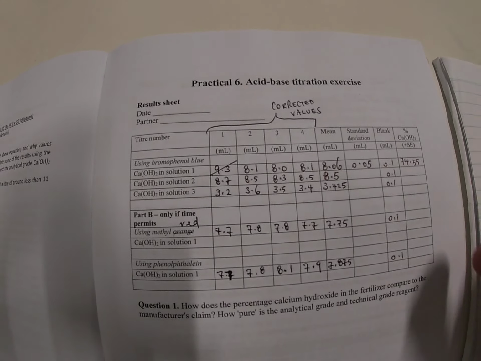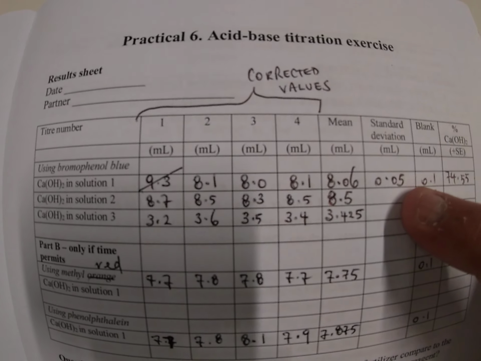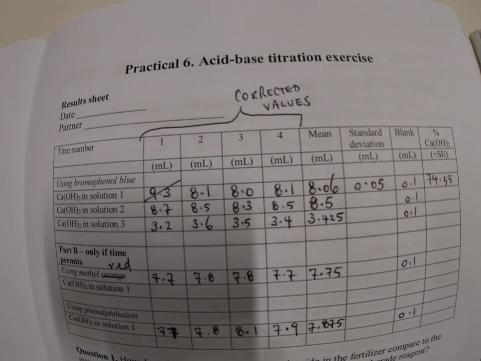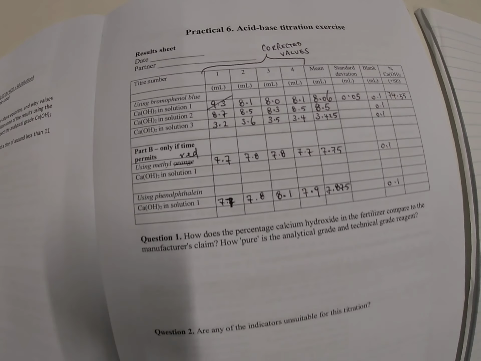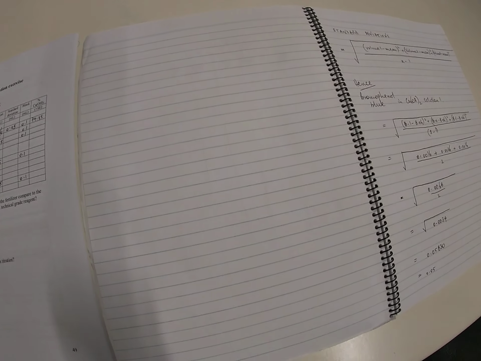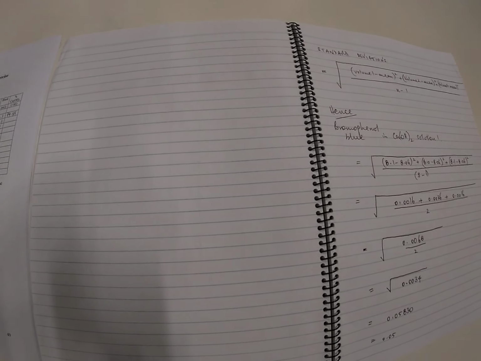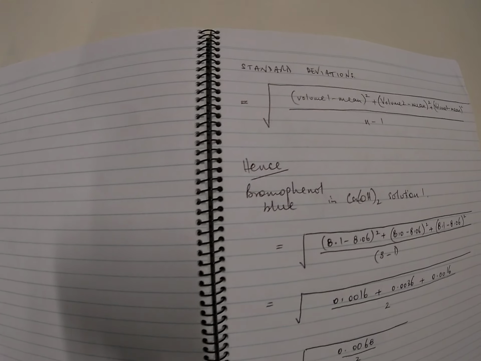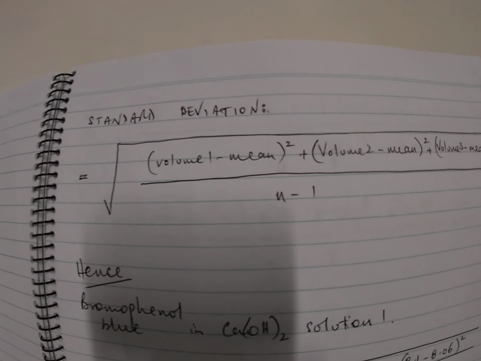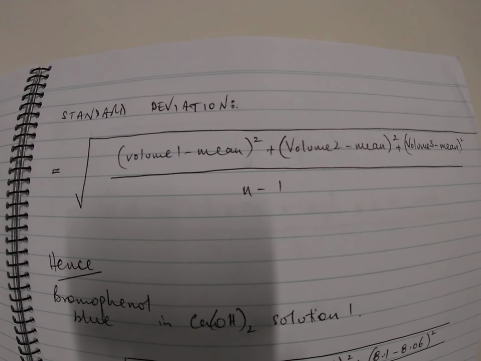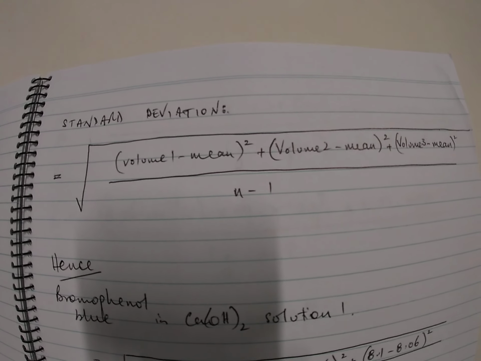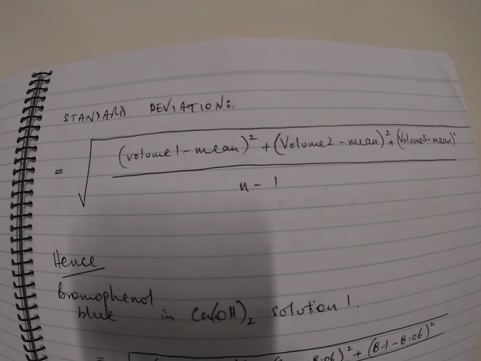Now the next thing required is to determine the standard deviation. Here I've got a worked example of determining the standard deviation. Those students that have done weekly prac classes will already have some experience using this formula from the first prac to work out standard deviation.